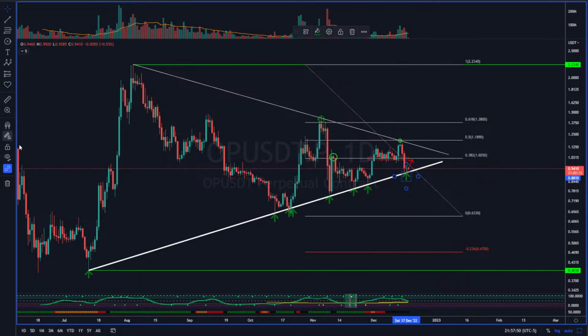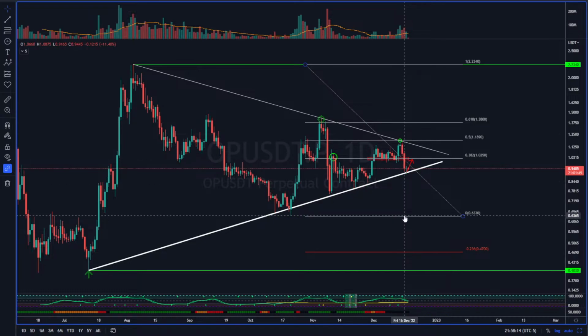Now, it's only going to test so many times before it falls. The price has attempted to push through this compressionary wedge for at least 2 months now. We tried to push through here on November 5th. That failed. We tried to push through here on December 14th, just a few days ago, and that failed.